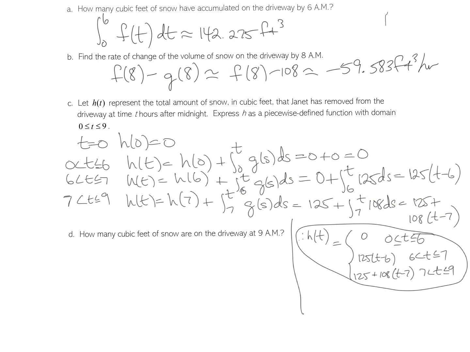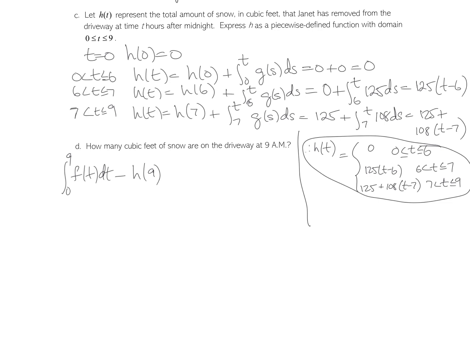Okay, so then how many cubic feet of snow are on the driveway at 9 a.m.? So again, at 9 a.m. it was accumulating from time 0 to 9 of F of T dT. And then we are going to subtract how much Janet has removed, and the removal amount would be H of 9. So that is the integral from 0 to 9 of F of T dT, and I'm going to replace H of 9.